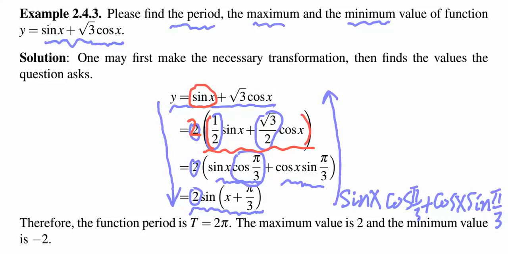And 2 times radical 3 over 2 cosine x, you cancel the 2 and 2, and you will have radical 3 cosine x. So we know from the bottom to the top, everything works fine.